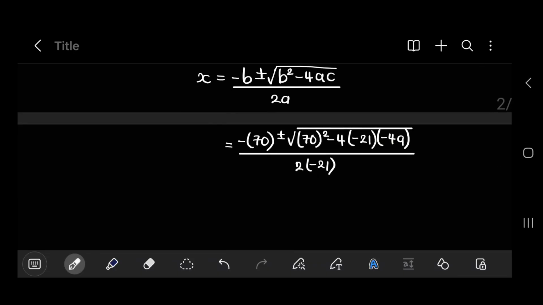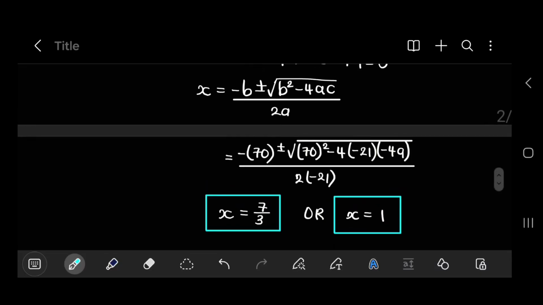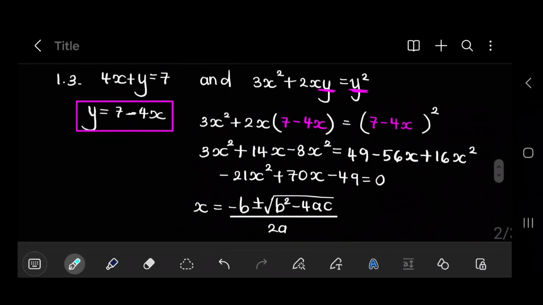So once we solve, we get x as 7 over 3, or x is equal to 1. So these are our two x values, and now that we know what x is, we can take them and substitute into the previous equation where we have x.